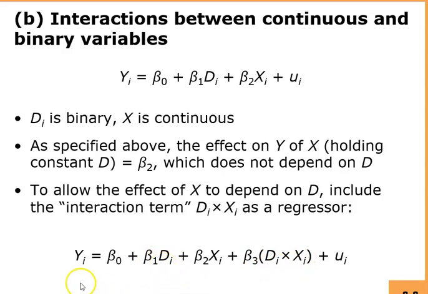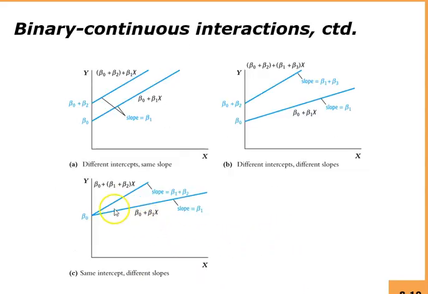So in essence, your regression equation is y equals beta naught plus beta 2 x plus beta 3 d multiplied by x. So you're not including d separately in the equation. If you do that, then you will get two different equations with two different slopes for when d takes the value 0 and when d takes the value 1, but both of them will have the same intercept.